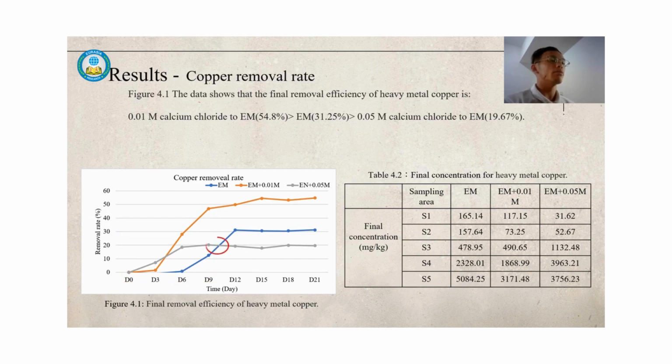However, from day 9 to day 12, the removal effect of EM exceeds that of adding 0.05 mole calcium chloride. After the 12th day, there was no significant change in the removal effect of each group.